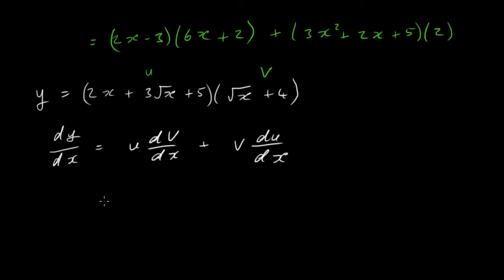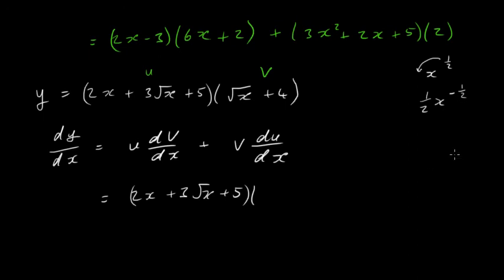So I want to write down u first, so that's 2x plus 3 root x plus 5, and then we want to differentiate this part here. Now remember, root x is just simply x to the power of a half. Differentiate x to the power of a half, bring the half down, you get half x, subtract 1 from the half, you get minus a half.